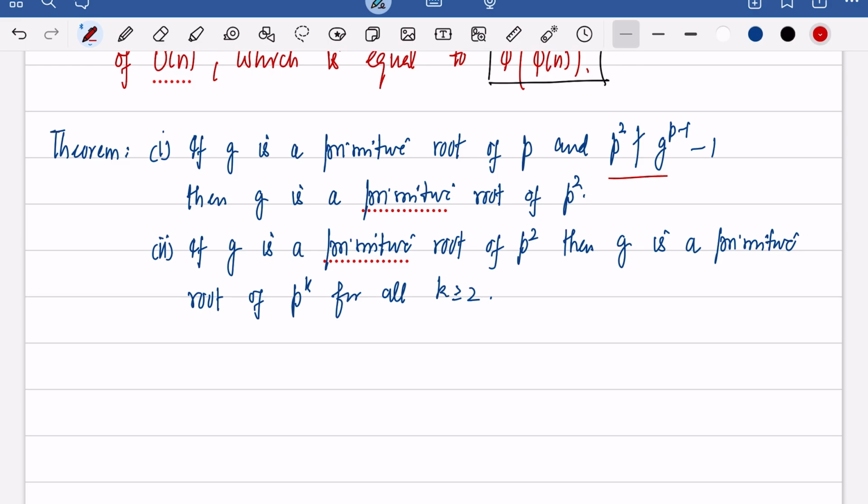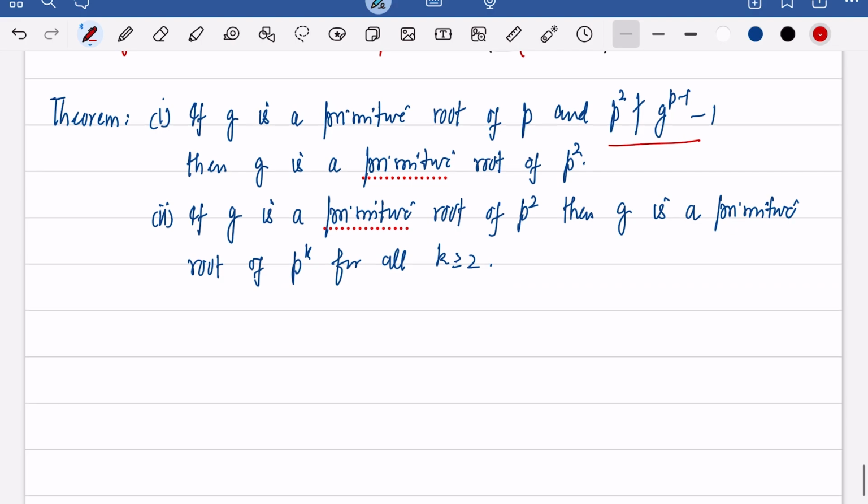If this condition holds true, then g will be a primitive root of p squared. But if g is a primitive root of p squared, then g is a primitive root of p to the power k. So the process is that we first find the primitive root of p, which is easier to handle. Then we check this condition, and if it holds, g will be a primitive root of p to the power k.